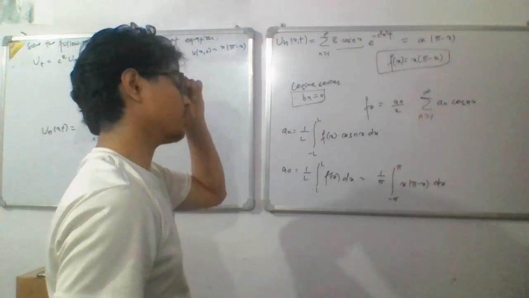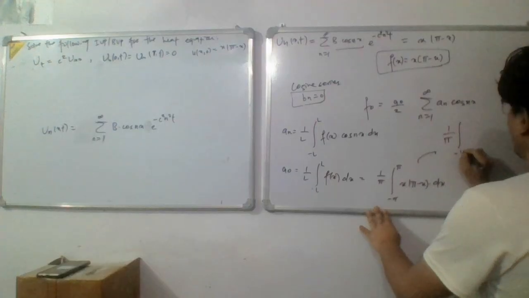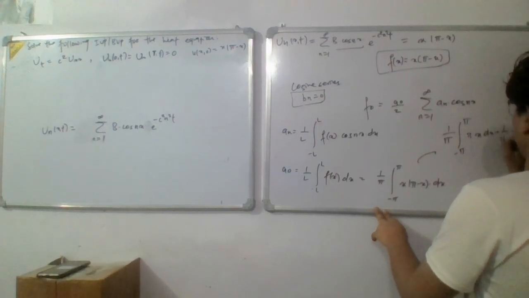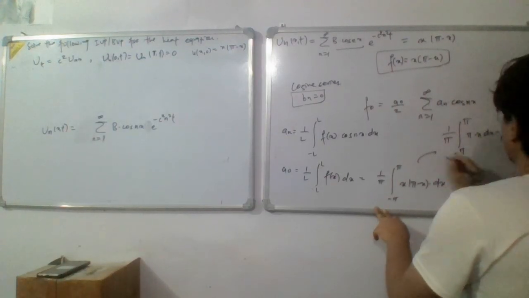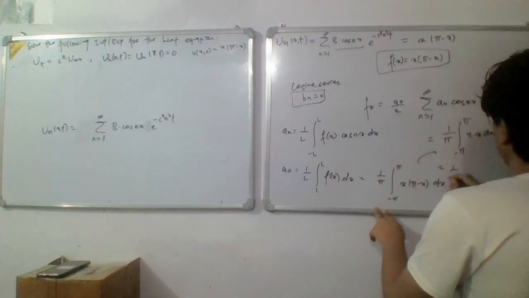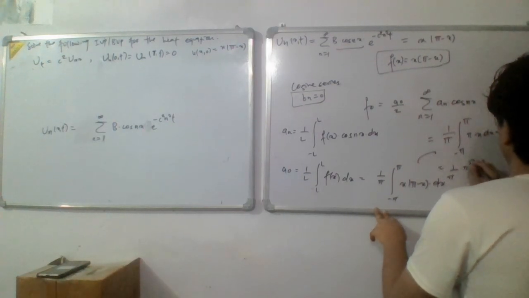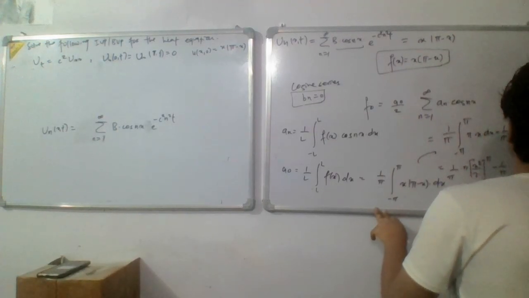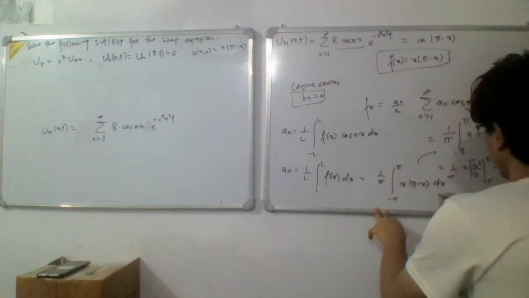Now we need to find the solution of this. Just to do that, 1 by pi, minus pi to pi, x pi dx, minus 1 by pi, minus pi to pi, x squared dx. That gives us 1 by pi is common, and minus 1 by pi, x cubed by 3, minus pi to pi.